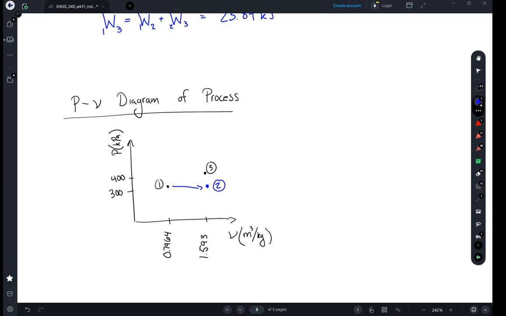Then from 2 to 3, we're going from 300 kPa up to 400 kPa, but not seeing a change in volume. If we wanted to shade in the work, the work is the area here under this curve.